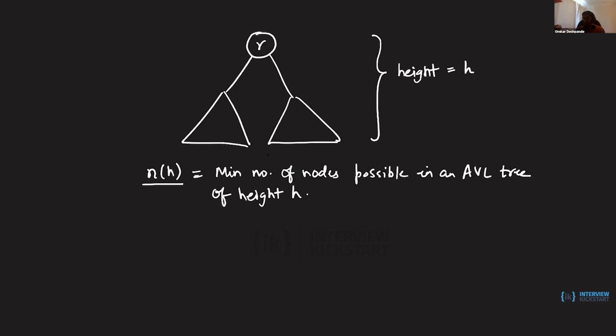So we want to focus our attention here on the smallest possible AVL tree of height h that there can be.